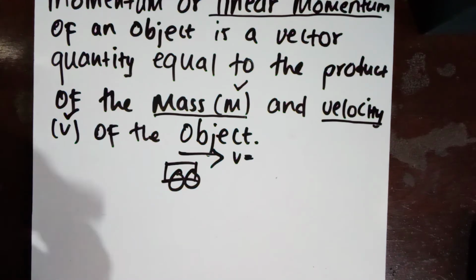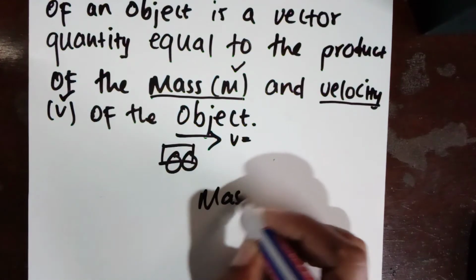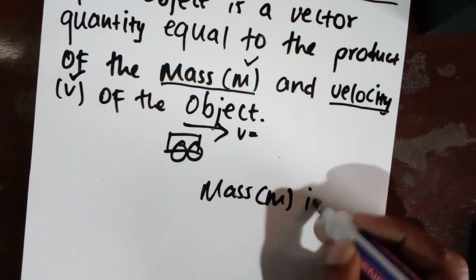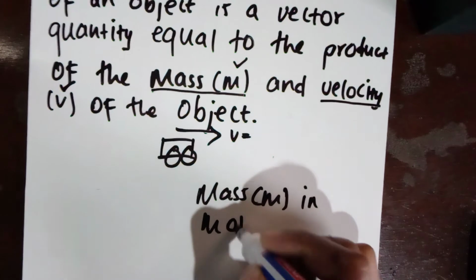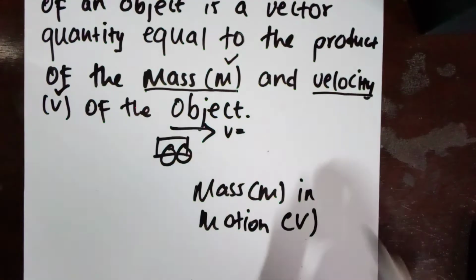In fact, momentum can be regarded as mass in motion. Mass, which is m, and it's in motion, so it has a velocity v.